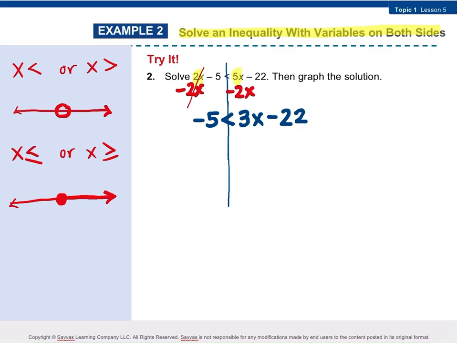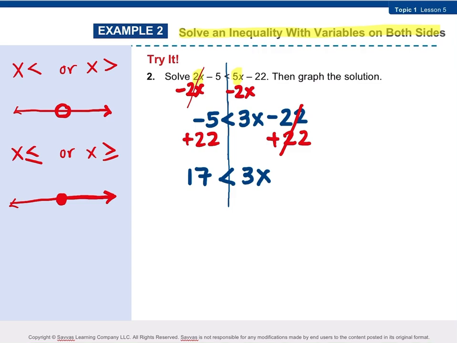And so now again, I'm just going to try to get x by itself on the right. So I'm going to get rid of this minus 22 with a plus 22. Do that on the left as well. They cancel out. Negative 5 plus 22 is positive 17. That's the same as 22 minus 5 is less than 3x.